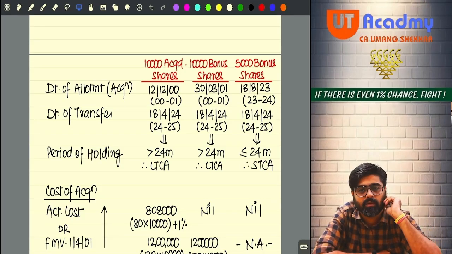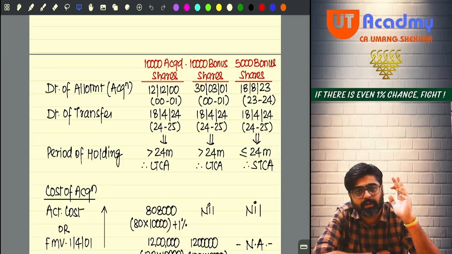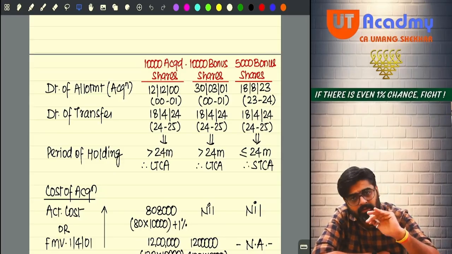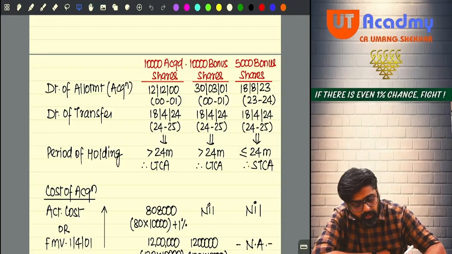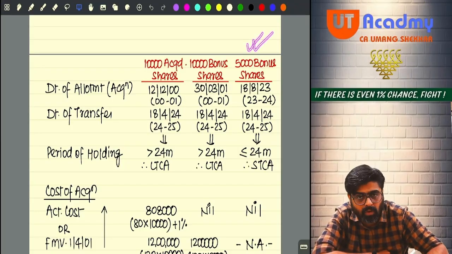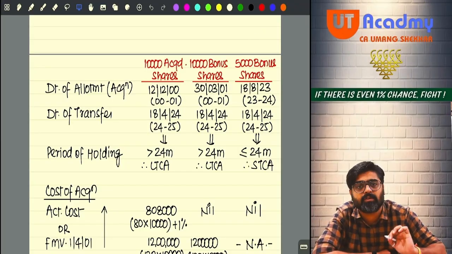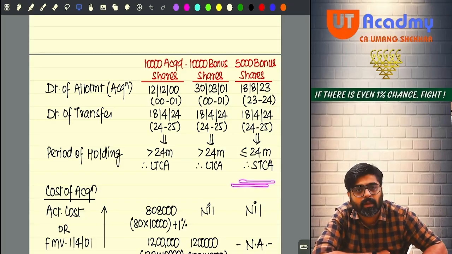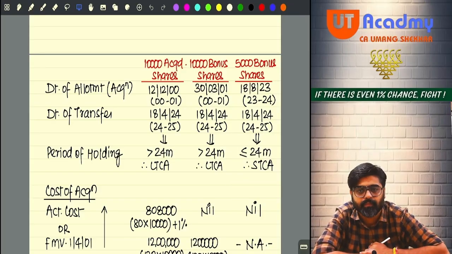Yes or no? So is the period of holding more than 24 months or less than equal to 24 months? Less than equal to 24 months. This 5,000 shares, bonus shares, the lot, this entire lot and all the shares in this lot will be treated as short-term capital asset as of now. As on 18th of April. Now what will be the cost of acquisition of these shares?